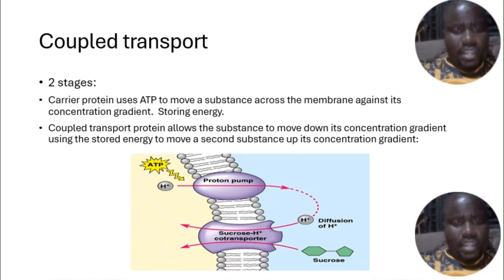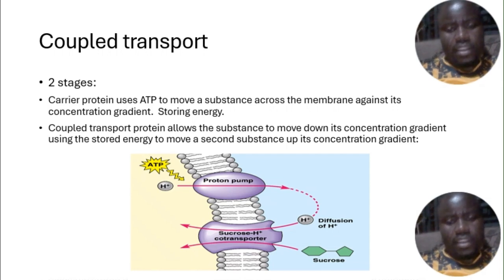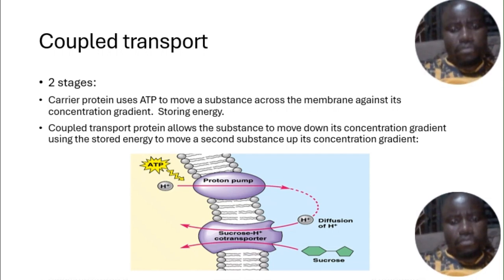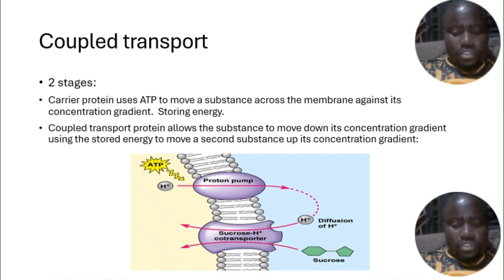Here we are illustrating that, for example, hydrogen ions are pumped using ATP through a proton pump to one side of the cell, where the diffusion of hydrogen ions back will actually move sucrose into a concentrated environment.